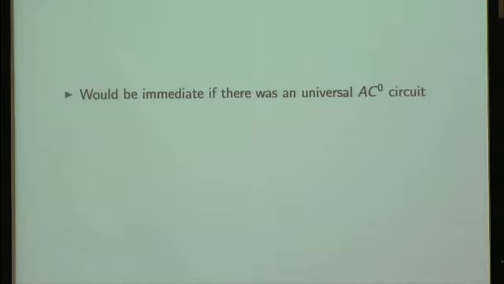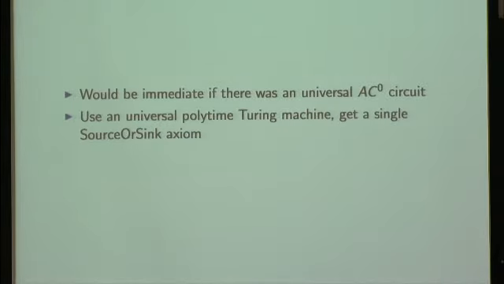Now, how do you prove that this theory is finitely axiomatizable? It would be very immediate if we had a universal AC0 circuit, but this is not true. So the way to prove it turns out to be quite simple. We use the fact that there is a universal polytime Turing machine, so we can use it to get a single source oscilling axiom.